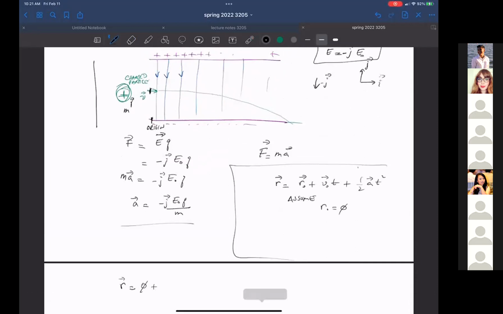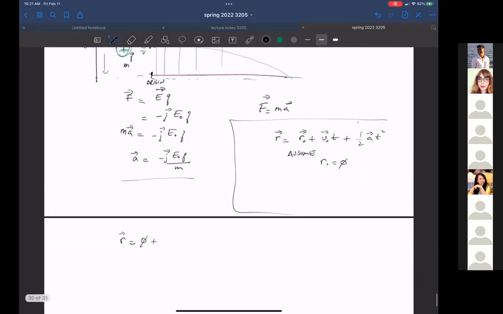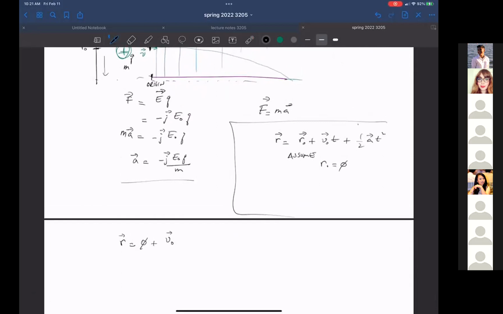So what we end up with is R equals 0 plus V0 times t minus 1/2 E0 Q over M J t squared, where I plug in the acceleration from here.